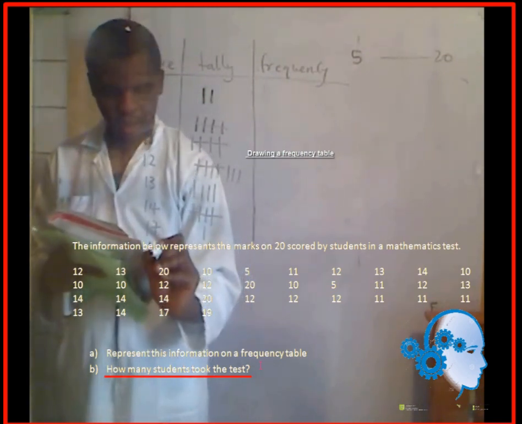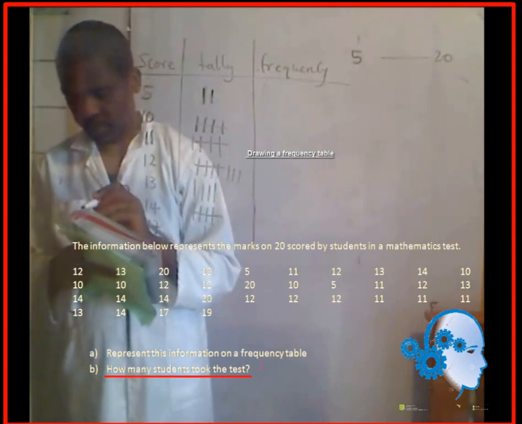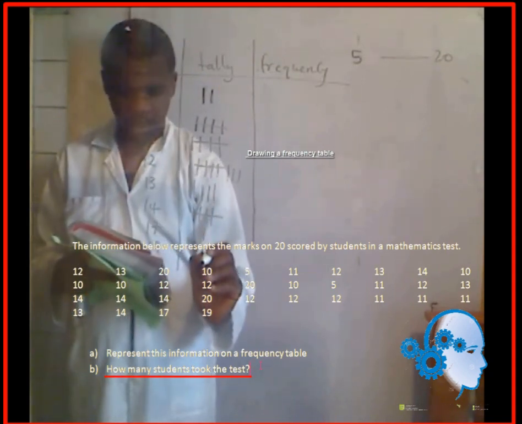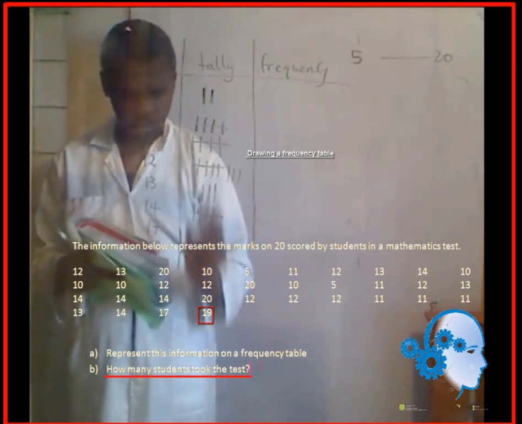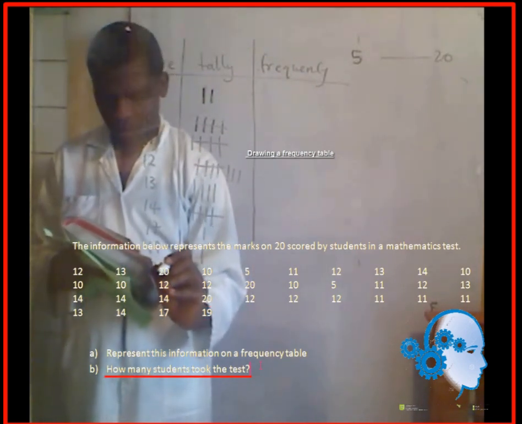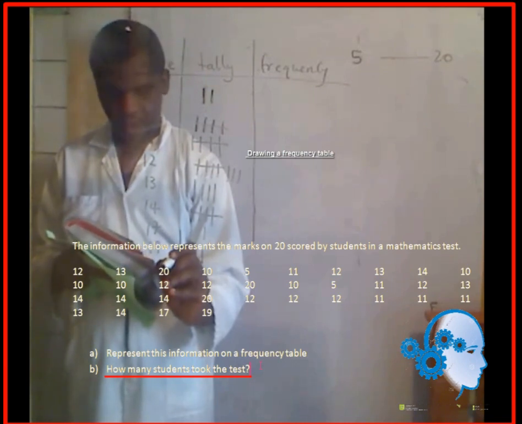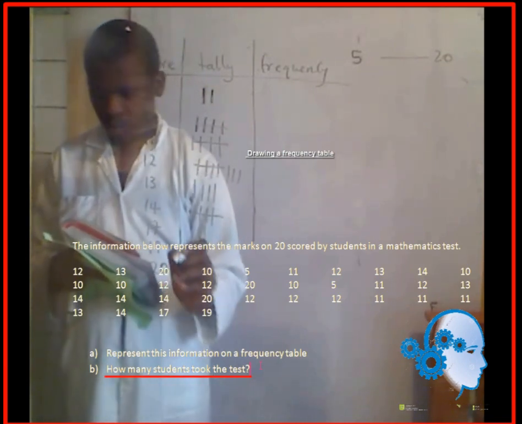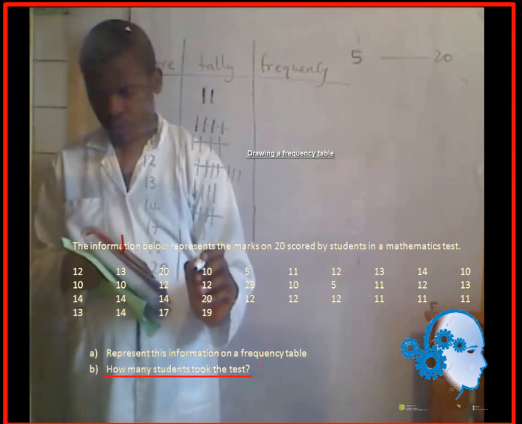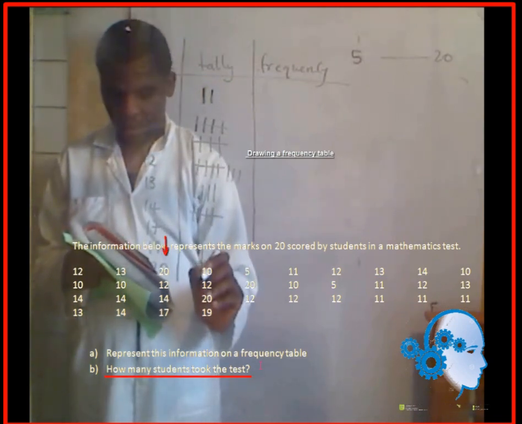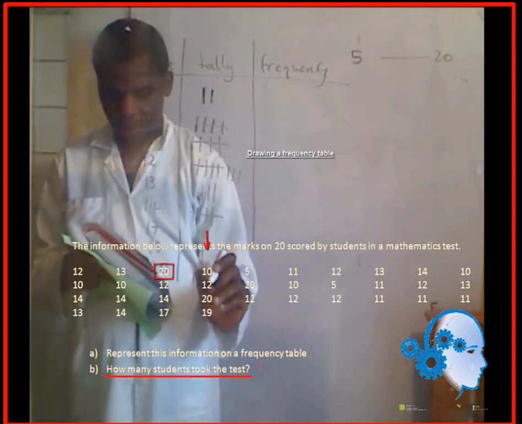I go to the next number, which is 19. I have 1 19. The next number, 20. How many 20s are there? I start counting. 1, 2, 3.